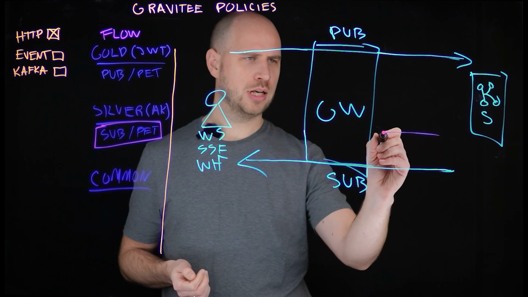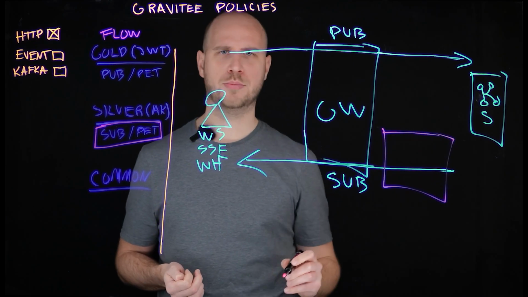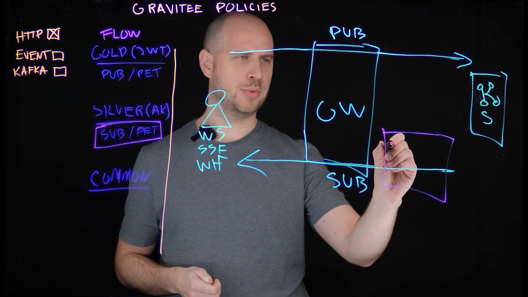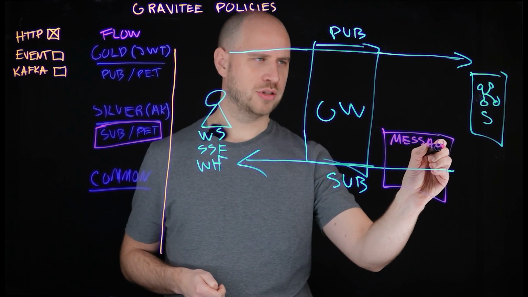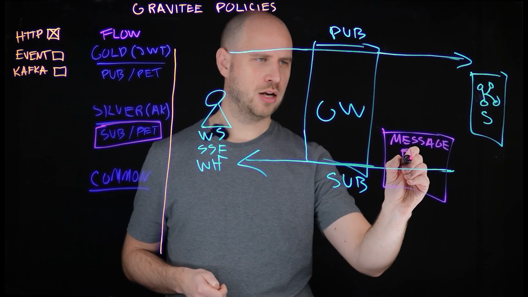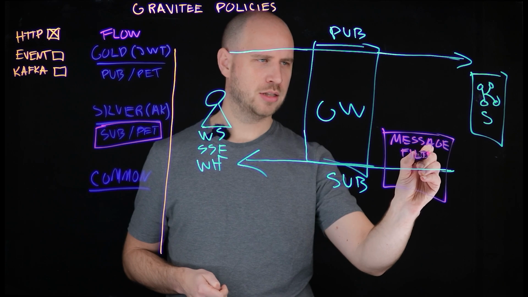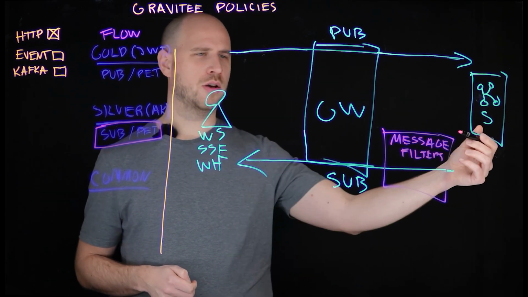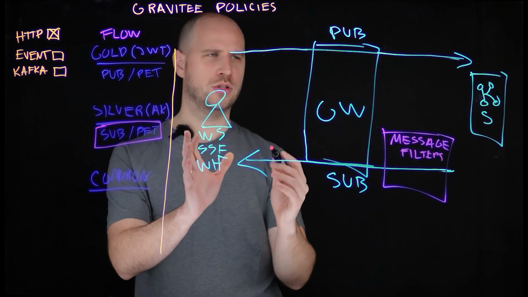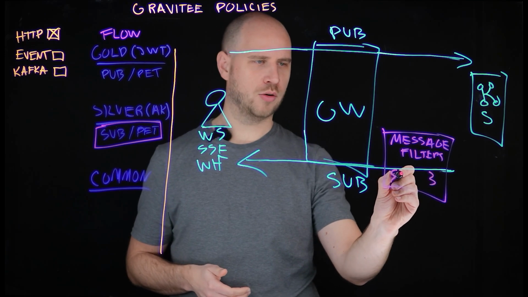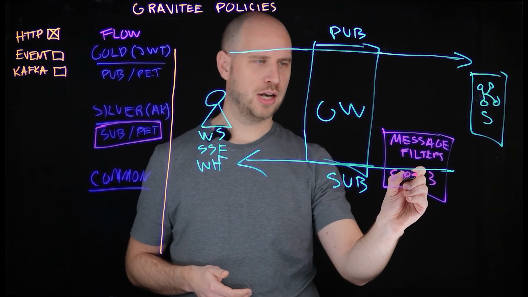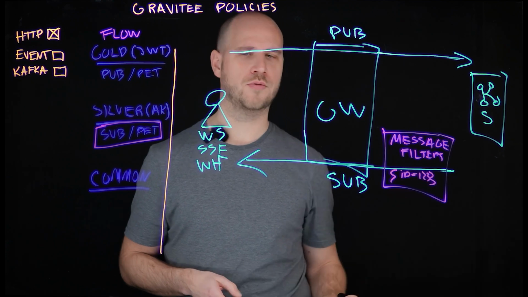So again, you can apply the concept of a Gravitee policy. Maybe in this case it would be something like a message filtering policy that filters out any messages that go through the subscription flow to the client. Here, I would say something like, I only want the data if the ID is 1, 2, 3.